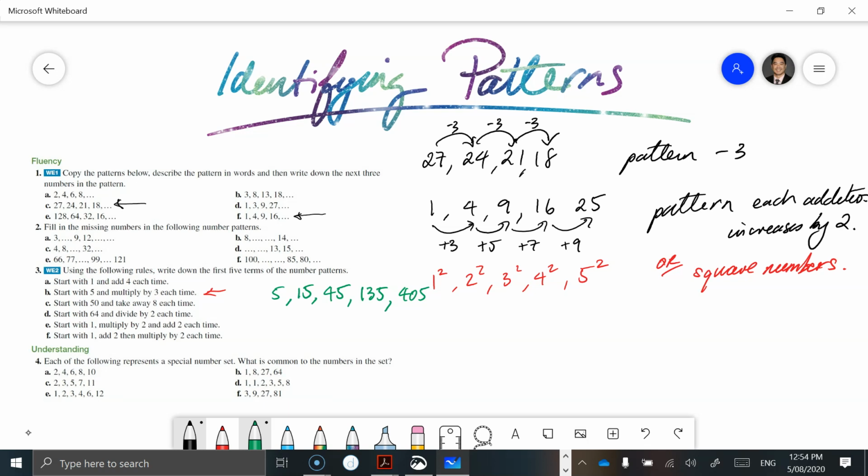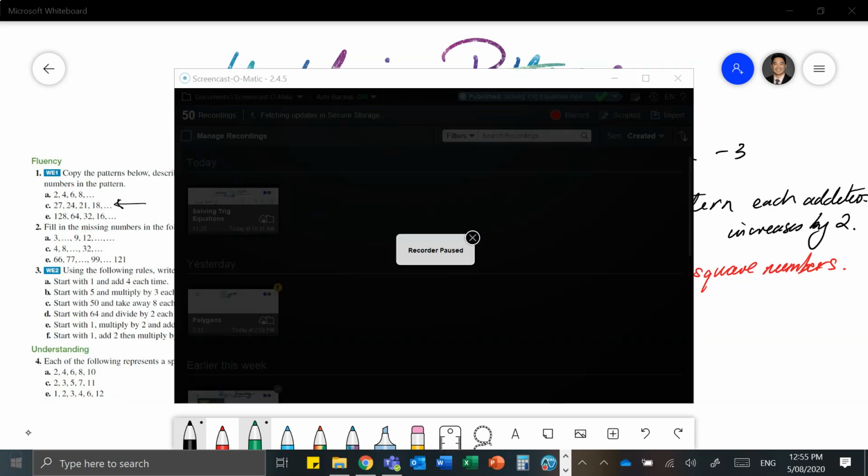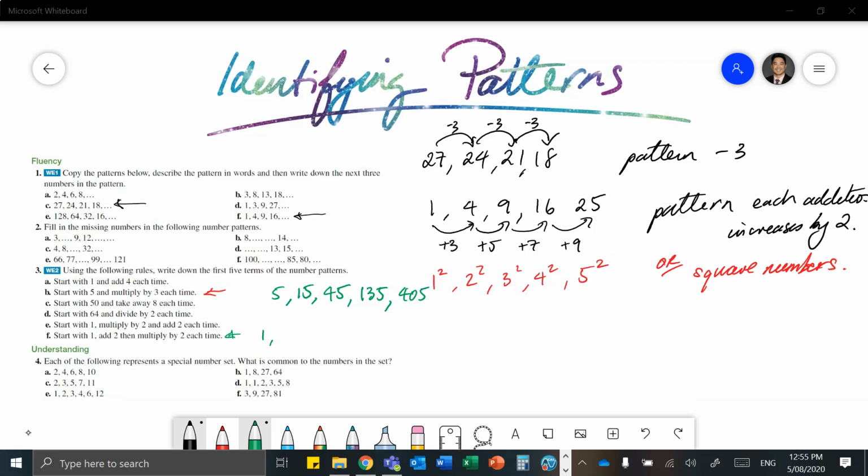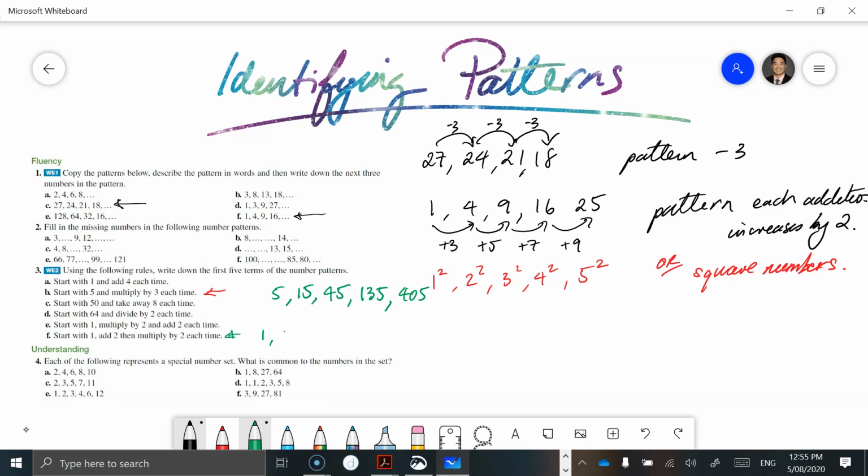Let's do another one. Let's do this last one here. Start with 1 and then add 2, then multiply by 2 each time. So 1 plus 2 is 3, and then 3 times 2 is 6. Then 6 plus 2 is 8, and then 8 times 2 is 16.